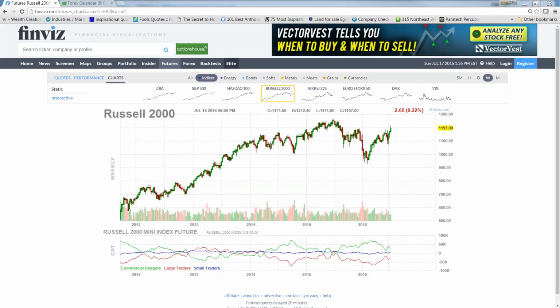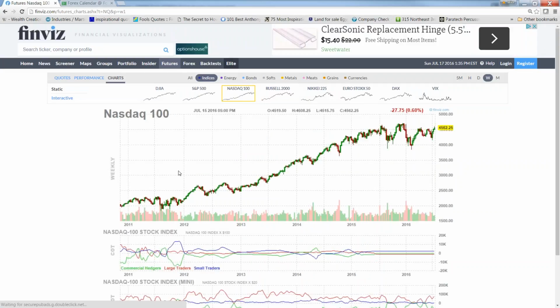So if you take the US stocks, and if you look at this chart, the Dow, which is the biggest index in the United States, has pretty much not yet broken up to the upside. It's testing this kind of resistance. Okay? So that's the first observation. The second observation, if I go to the Nasdaq, which is 100 stocks, but the Nasdaq is also a couple of thousand shares.